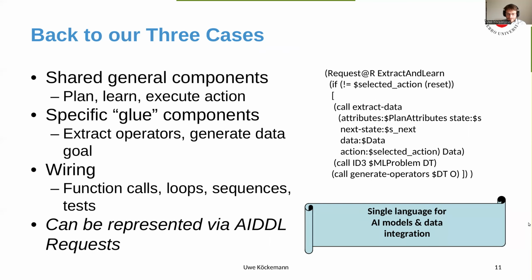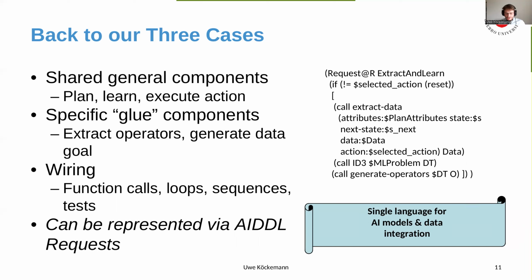Now, if we take this and look back at our three use cases, we already saw that we have a lot of components that are shared between them. For instance, planning, learning, action execution. And then we have some kind of glue components which connect, for example, planning and learning together by extracting data from state transitions and then operators from a decision tree and so on. And then we have some kind of wiring through function calls, loops, sequences, and so on.